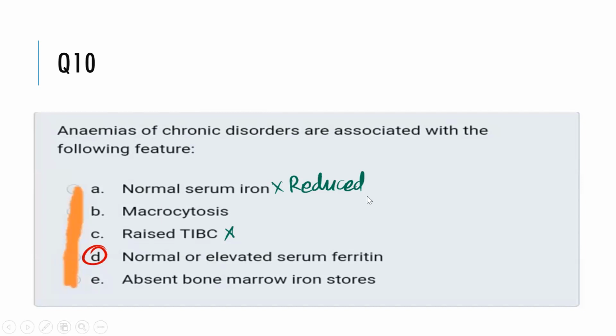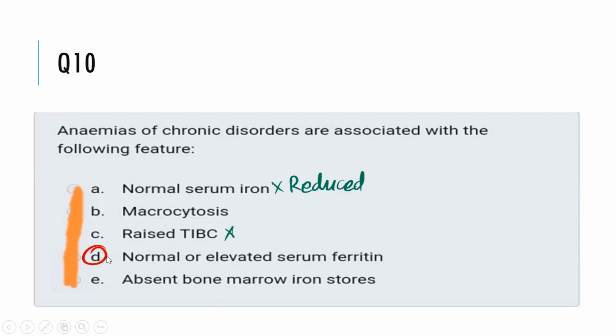So for A, the serum iron will be reduced. And then for TIBC, the TIBC will not be raised. It will either be normal or reduced. Then for D, normal or elevated serum ferritin.